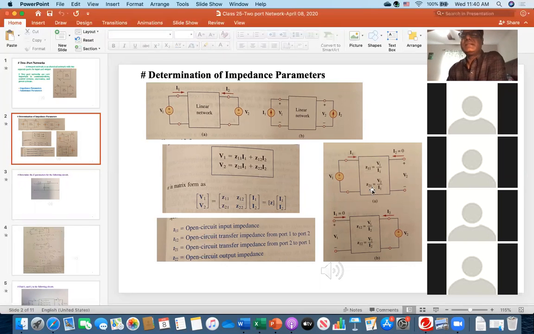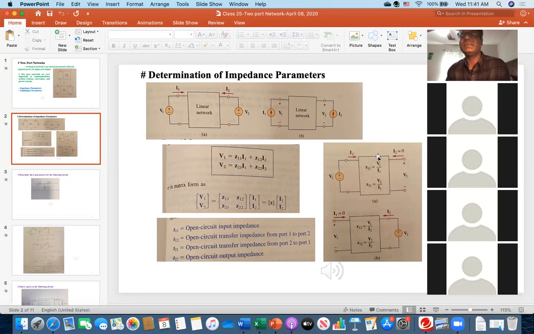Now look at the right side diagram, first figure A. This is basically that topmost figure, left side figure A with voltage source. But see here, what I have done, I have kept the right side port open. This means there is a voltage, but current I2 is 0. And so this means you look at those equations of V1 and V2.